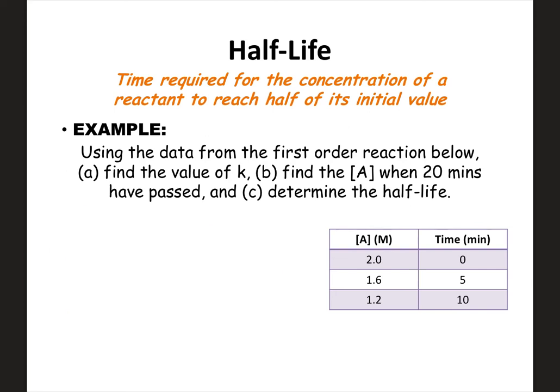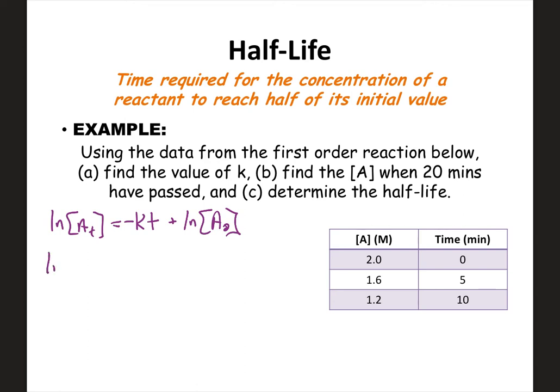Now let's look at part B. We want to find the concentration of A when 20 minutes have passed. Again, we know this is a first order reaction. So we have natural log of A at a particular time is equal to negative kt plus natural log of the concentration initially here. This time we are solving for the concentration at a particular time when 20 minutes have passed.